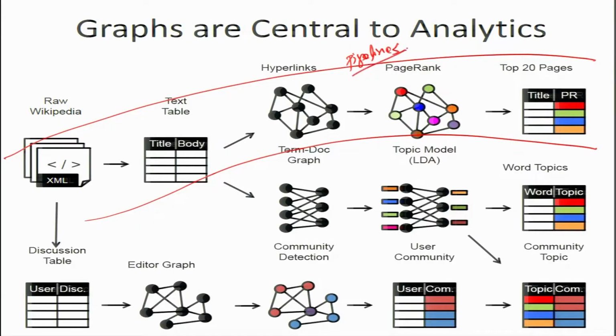We will see in GraphX that it not only provides the analytics which can be performed on the raw data, but these steps or stages to transform the data from raw Wikipedia into the output, that is the top 20 pages, and extract insight from the data, is called the analytics. So graphs are also used in analytics, and this support for building the pipeline and performing the analytics is also supported in GraphX, which we will see in this discussion.